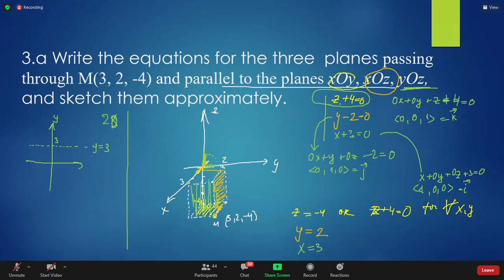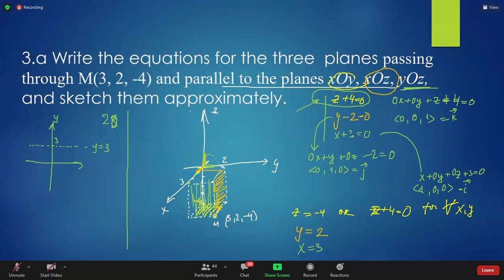Just like here, for the plane parallel to the xy plane, we say z = -4 for any xy values. So it's just that the number of variables is greater.